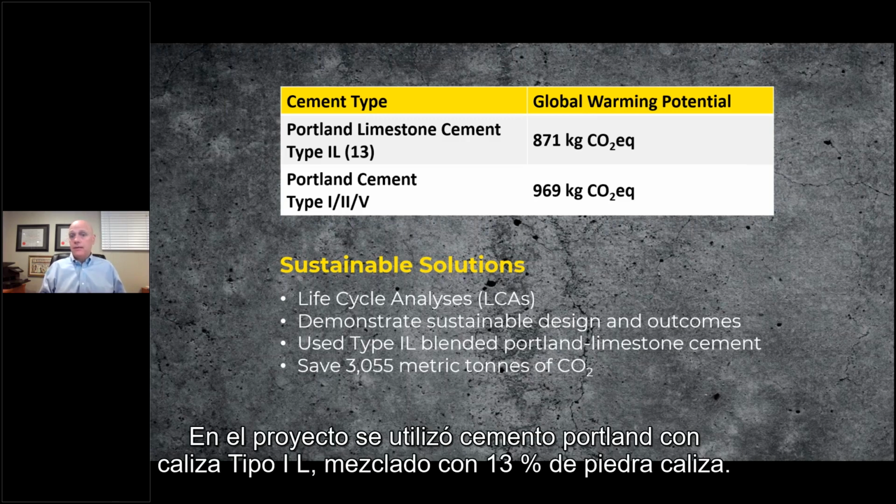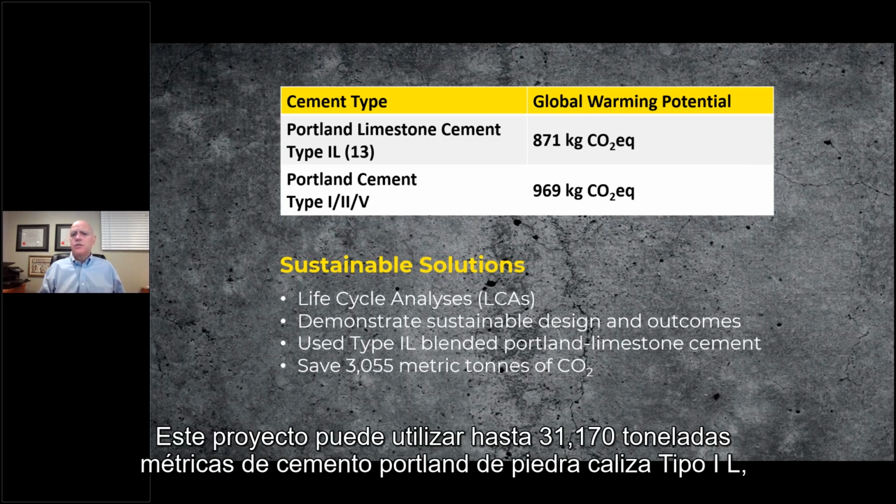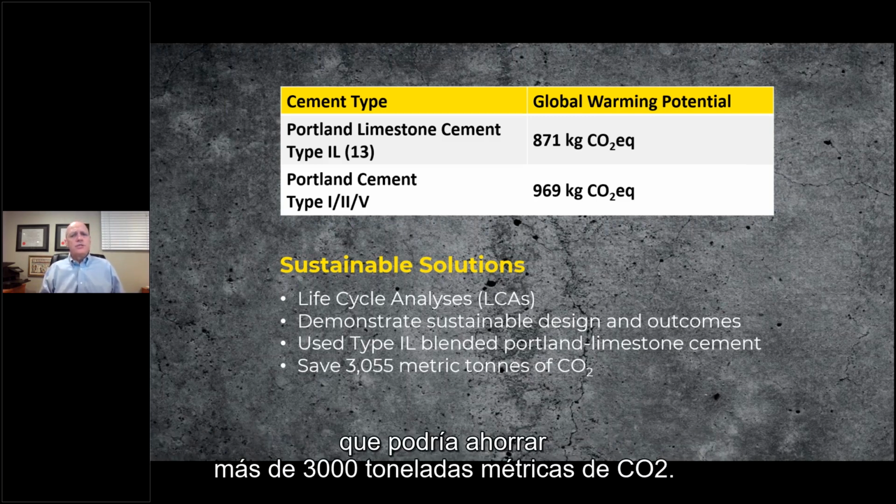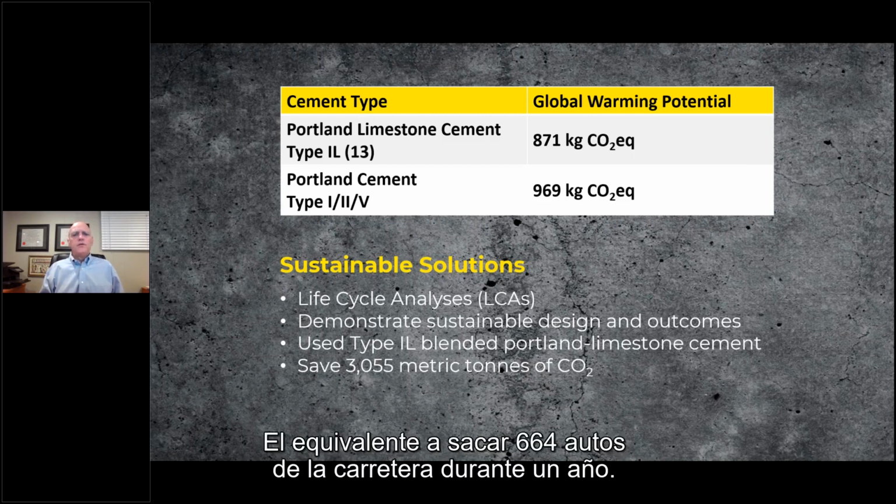Type 1L blended Portland limestone cement with 13% limestone was used on the project. This project could use up to 31,170 metric tons of type 1L Portland limestone cement, which could save over 3,000 metric tons of CO2, the equivalent of taking 664 cars off the road for 1 year.